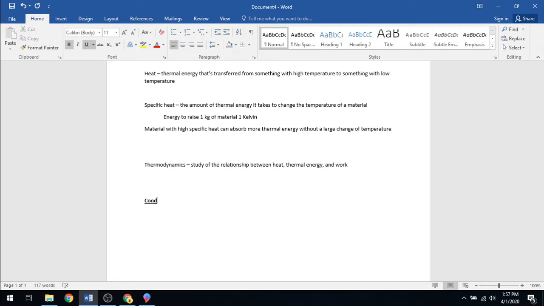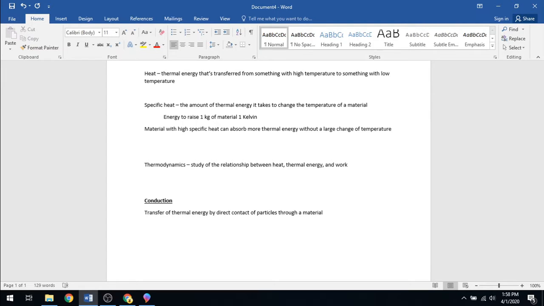The first type is called conduction. Hopefully you've heard of that. I'm sure you have. And this is the transfer of thermal energy by direct contact of particles through a material.